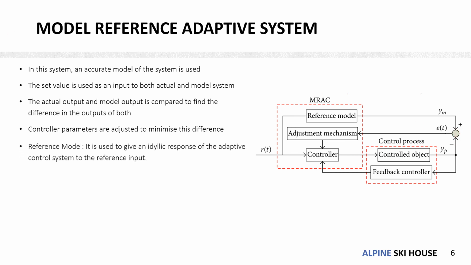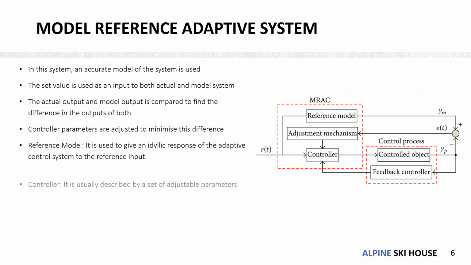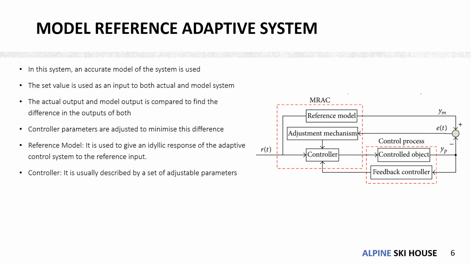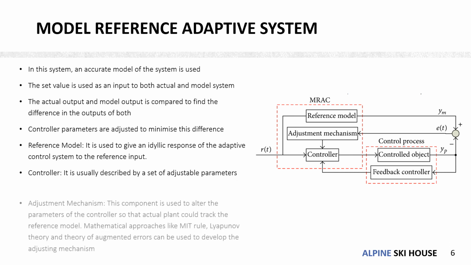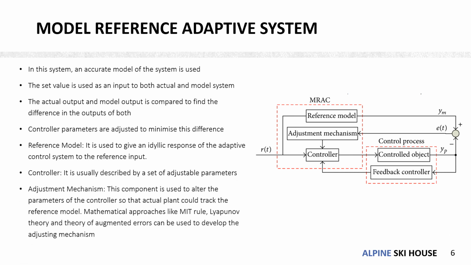The components of an MRAC, the model reference adaptive control, are, first, the reference model, which is used to give an ideal response of the adaptive system, or an ideal output value for any input signal. The second one is the controller. It is usually described by a set of adjustable parameters which are operated by the adjustment mechanism. And finally, the adjustment mechanism.